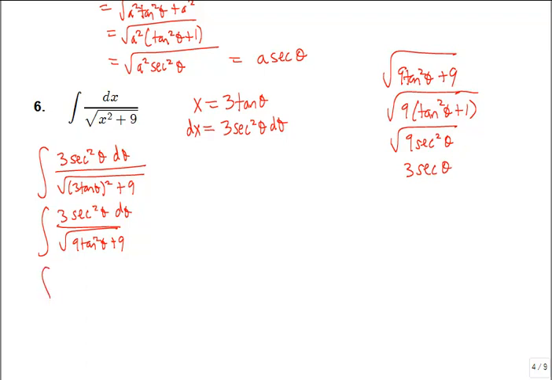So that's going to become this denominator down here. All of this turns into 3 secant theta.